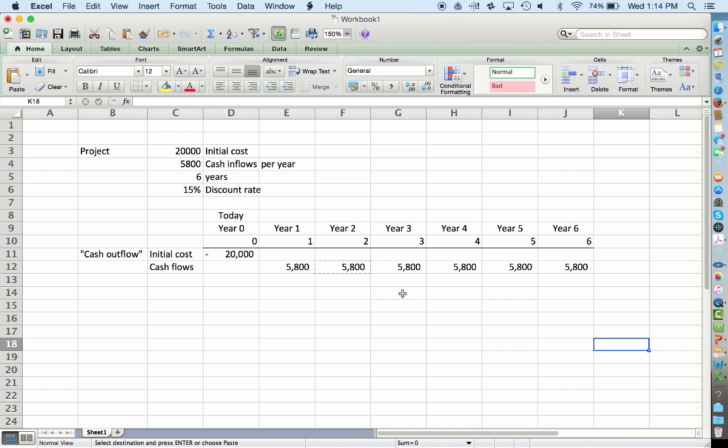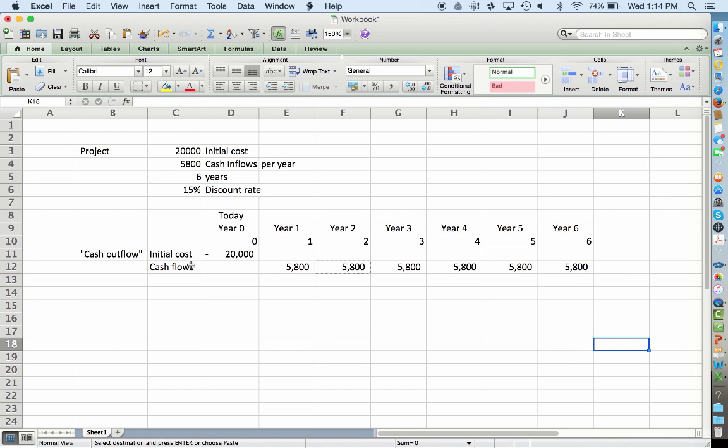The likelihood of my lemonade stand generating $5,800 every year for the next 6 years is not high. So we're just doing this for demonstration. This structure that I'm creating, you want to follow that.